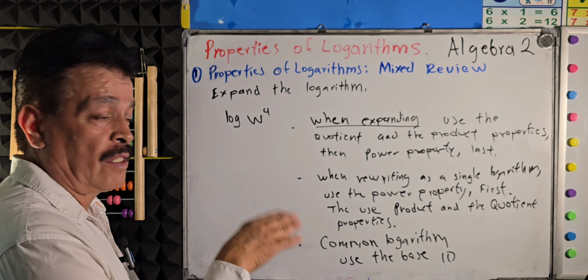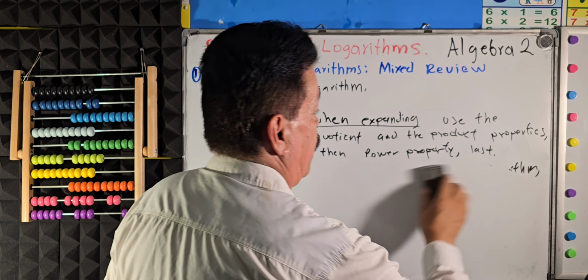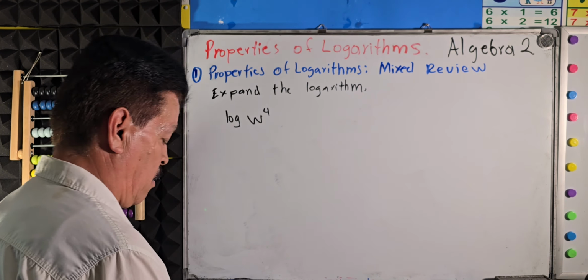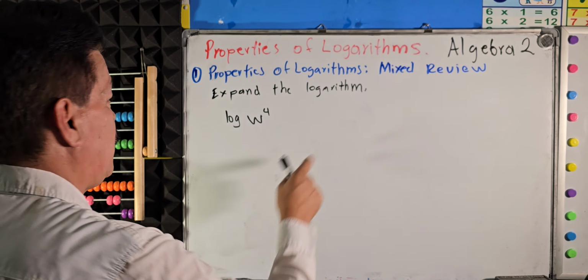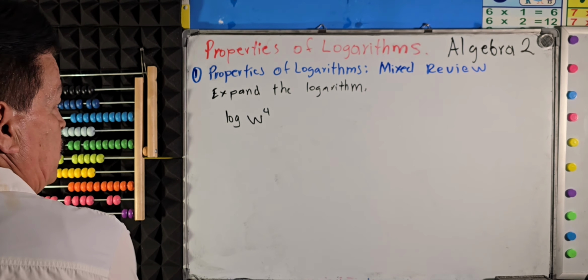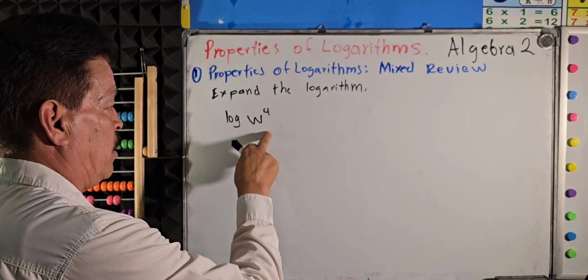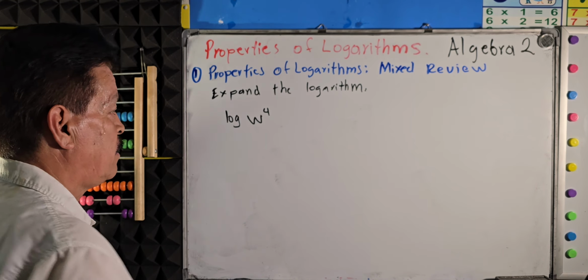All right. So I will erase these main ideas, and then let's work with some problems. Now we have to solve the problem. We have to expand the logarithm. So we have log w to the 4th power.